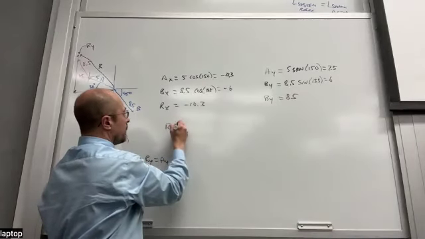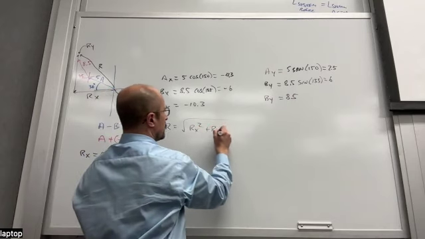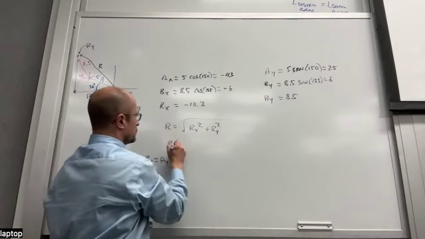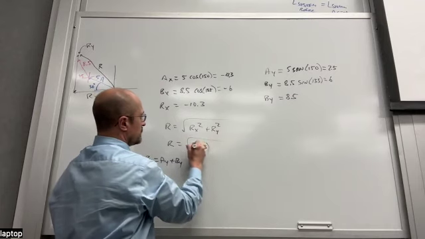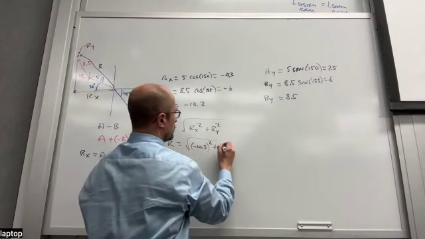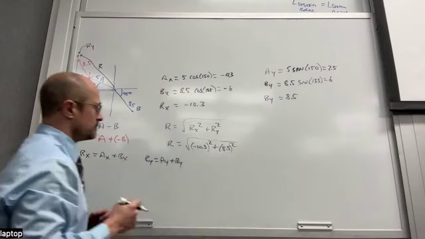So then the new R vector is the square root of Rx squared plus Ry squared. So R is the square root of negative 10.3 squared plus 8.5 squared.